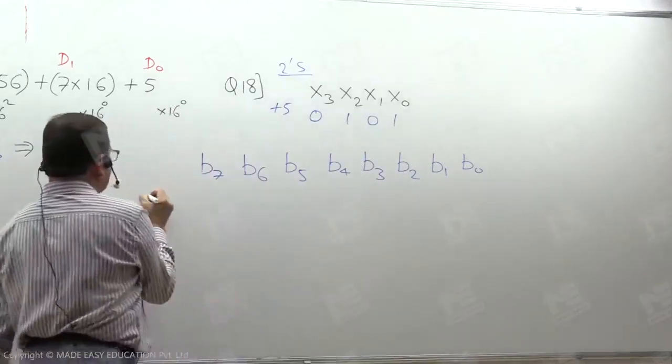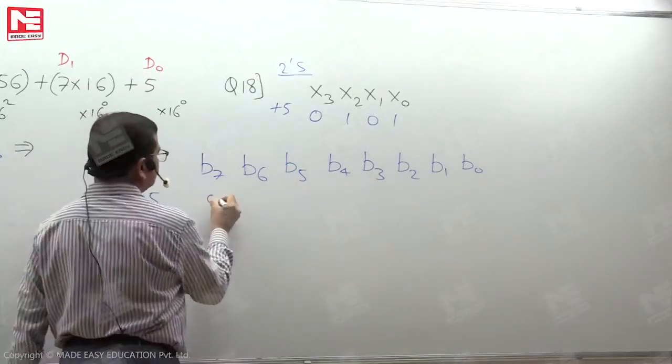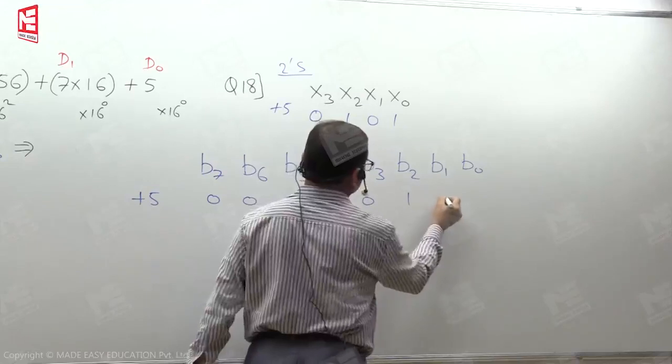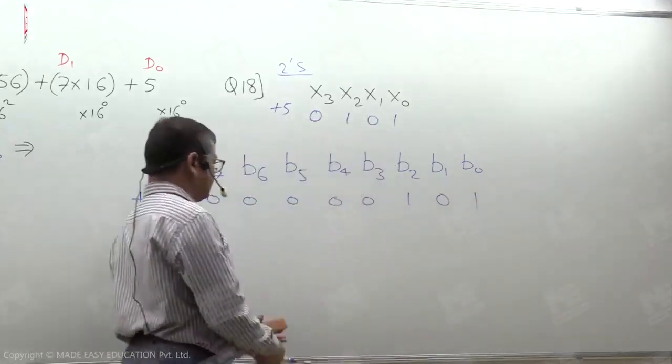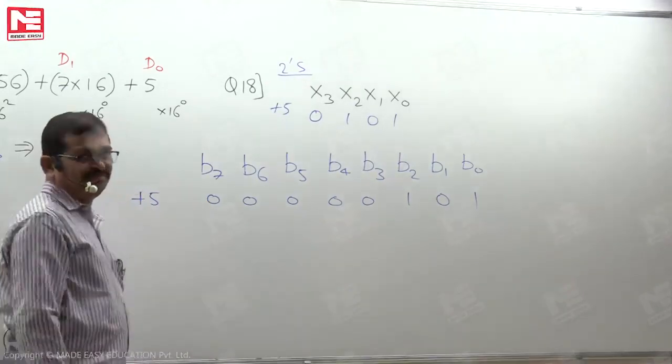This plus 5 will be expressed as 0000 0101. It is expressed like this, plus 5.